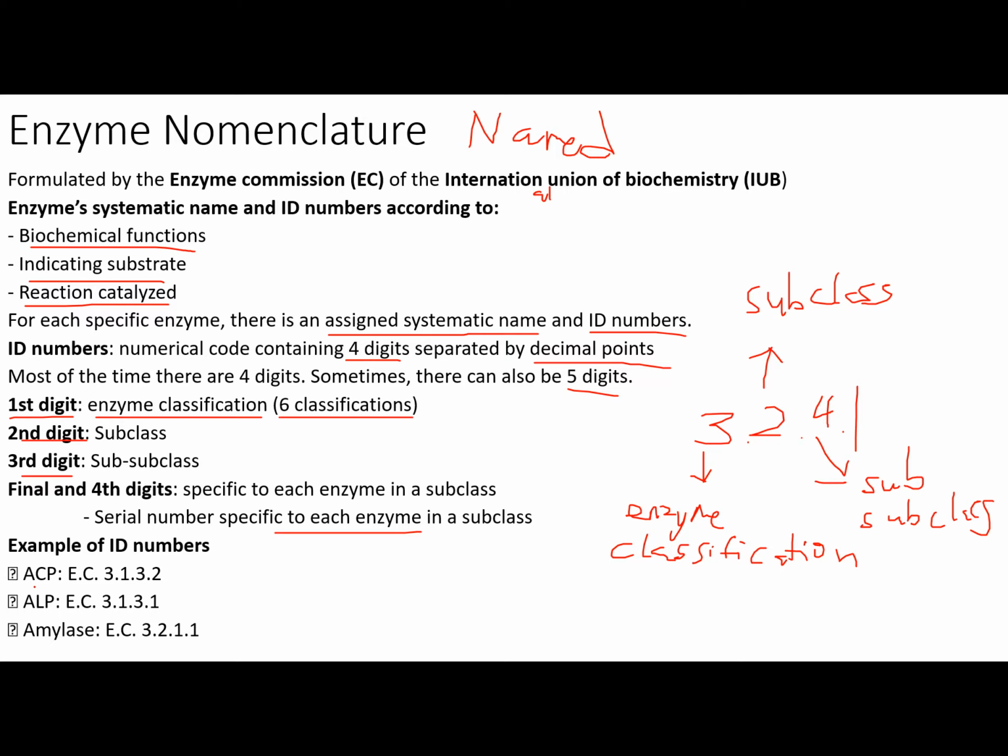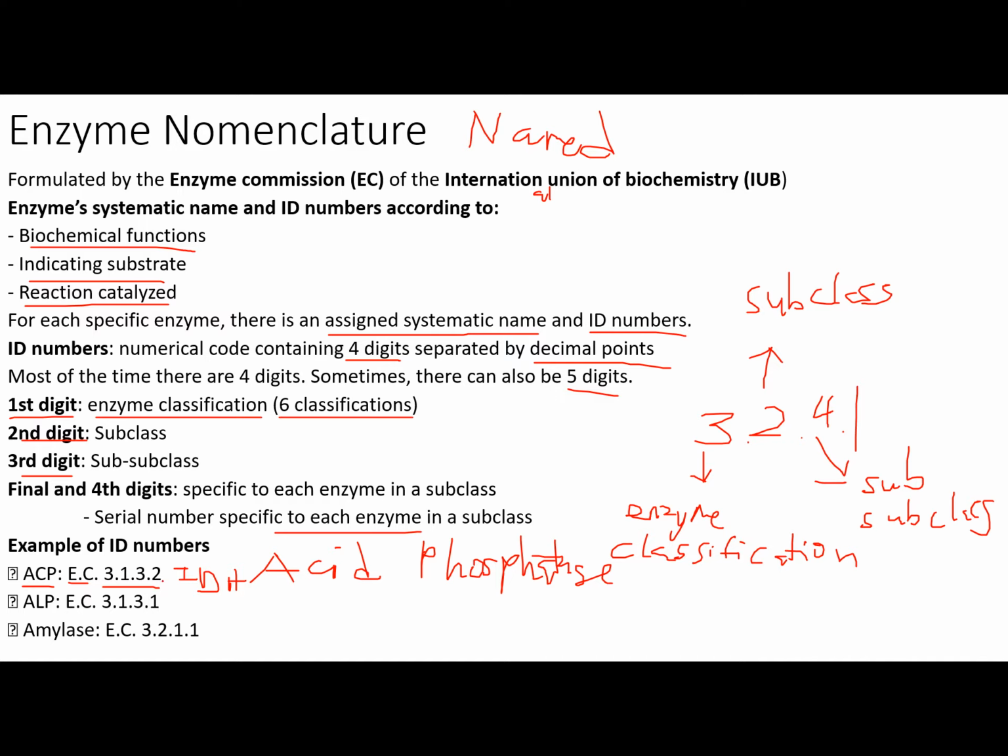So for example, class, your acid phosphatase, ACP. ACP would stand for acid phosphatase. It has the nomenclature EC. EC here would stand for Enzyme Commission, followed by the 4-digit ID number. So these are the ID numbers: 3.1.3.2.